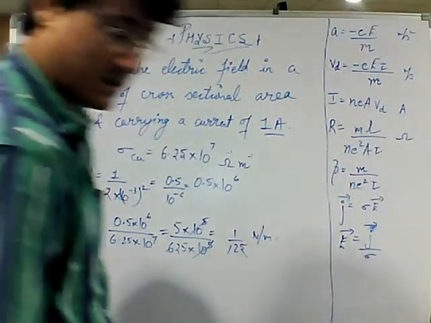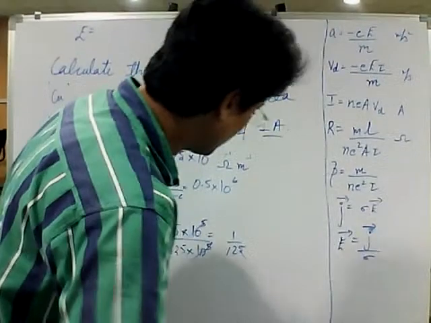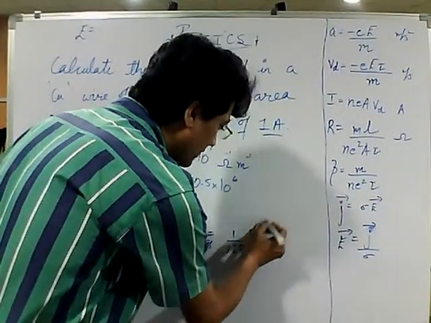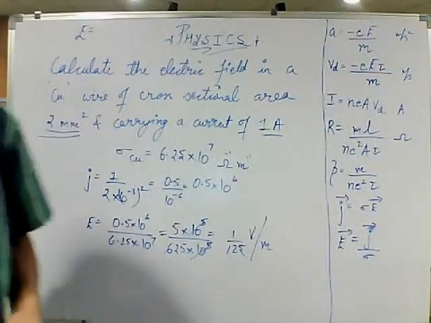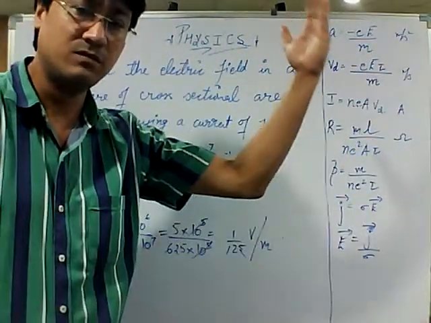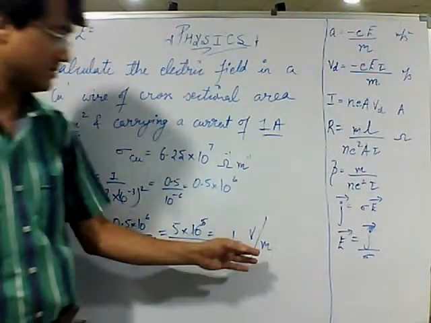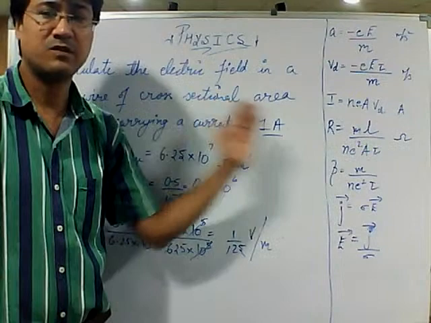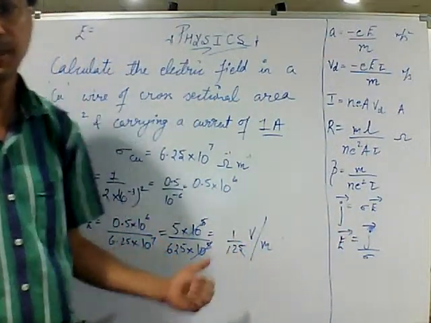You can write the unit as volts per meter. How are you writing newtons per meter square? It is volts per meter. Or you can even term it E equals F by Q, newtons per coulomb. But here you have the expression in terms of current density and others, so you need to have this unit, volts per meter.